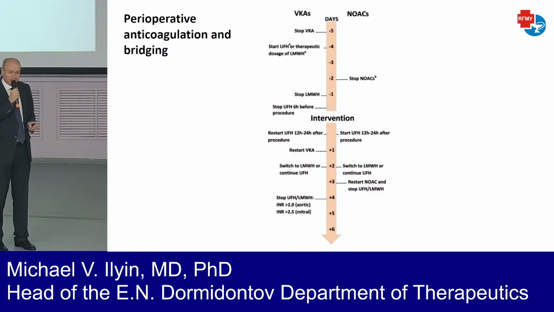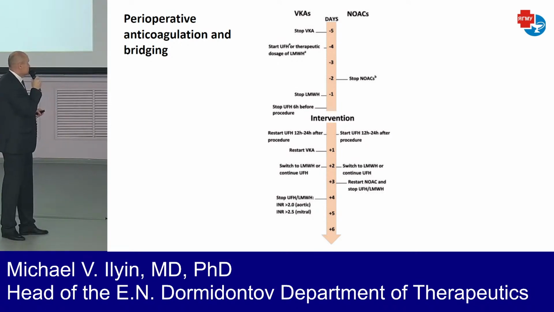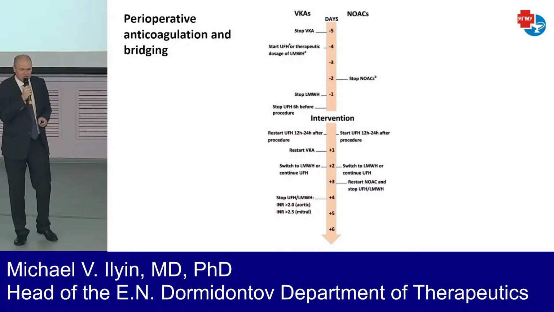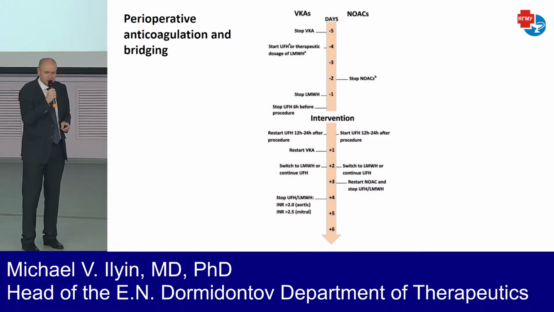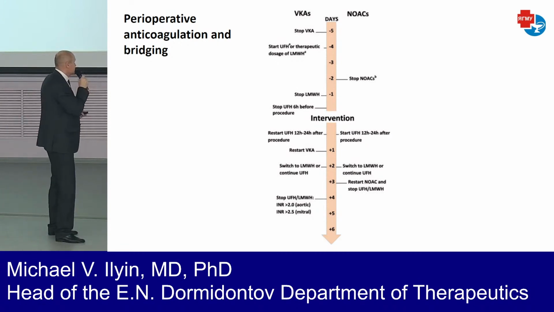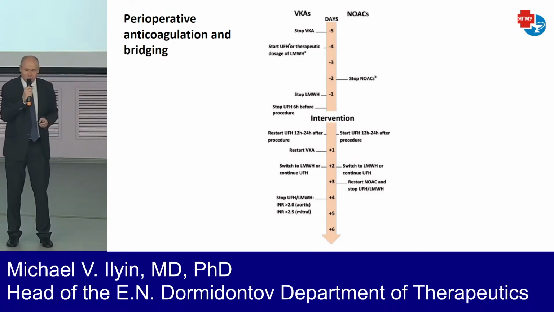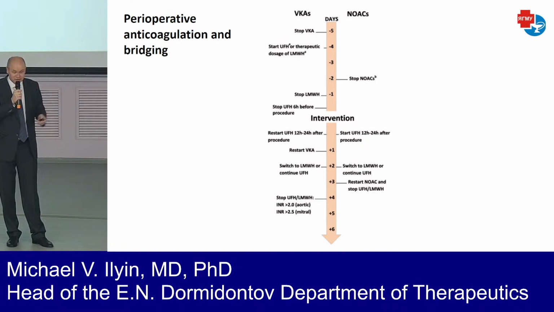So it's not difficult. And after intervention, we have to start UFH 24 hours after the procedure. And 2 days after, we have to switch to low molecular weight heparin or continue unfractionated heparin. 5 days after intervention, we have to restart NOAC and stop unfractionated or low molecular weight heparin.